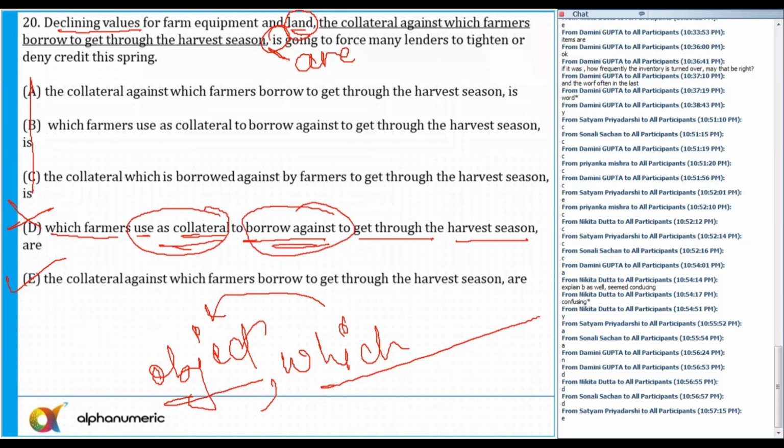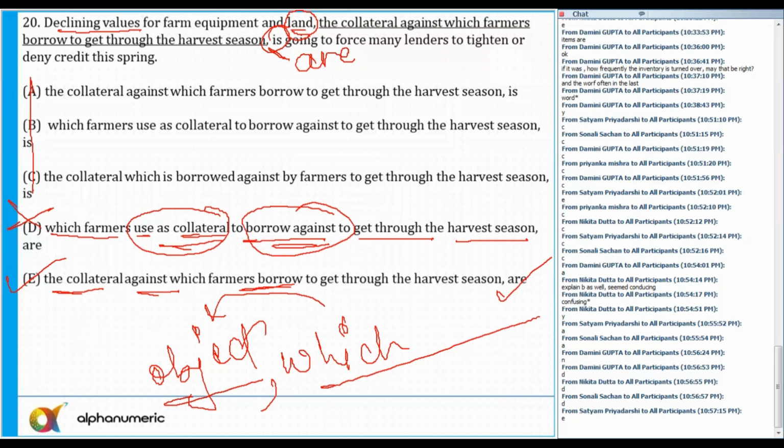So when you use that collateral, it means you borrow against. The same problem is not in number E, because it is the collateral against which you borrow. It's not redundant. In this way also E is right. I think the answer for this question is E and not D. Did you understand? I think we have discussed this, which rule.